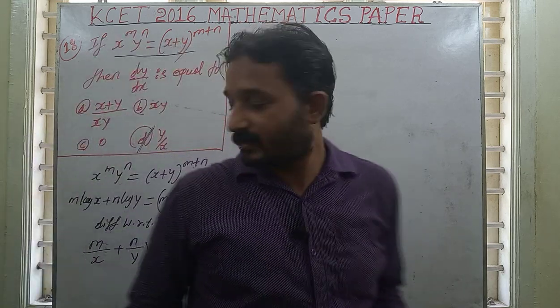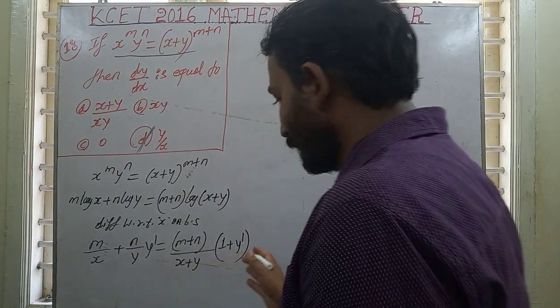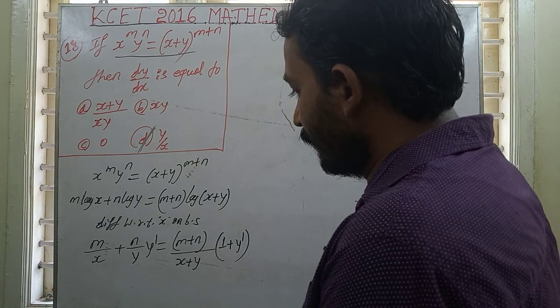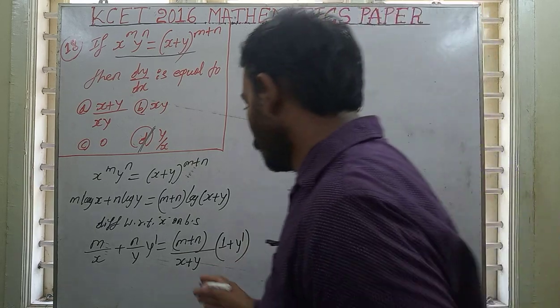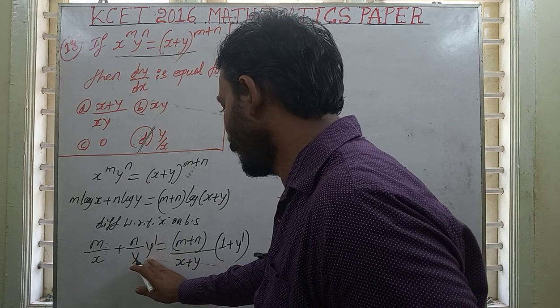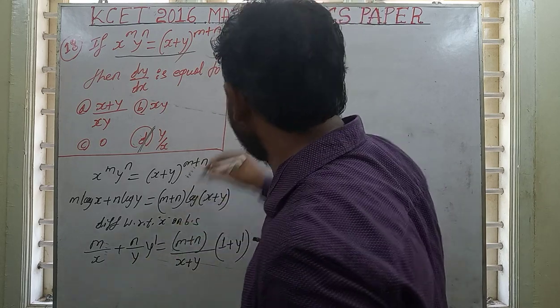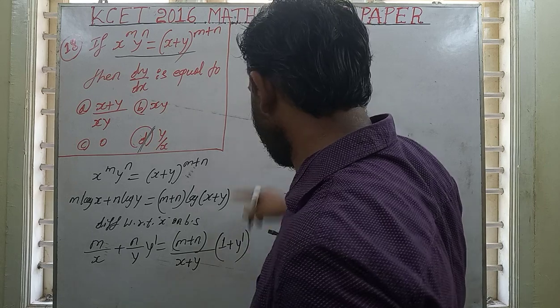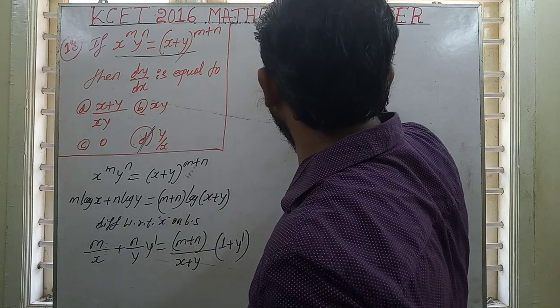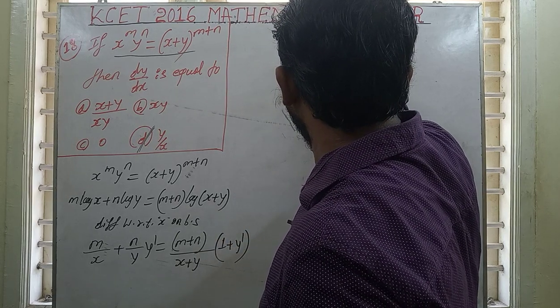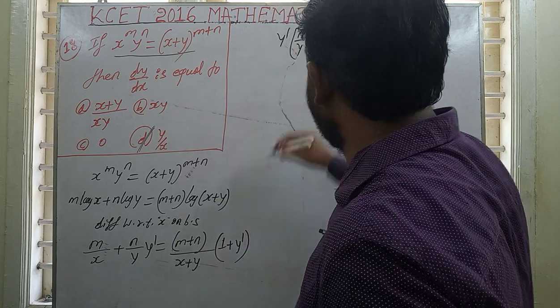Now simplify this. Segregate y dash on one side and the remaining terms on the other side. So y dash is taken outside on the left hand side, remaining n by y, and on the right side m plus n divided by x plus y.